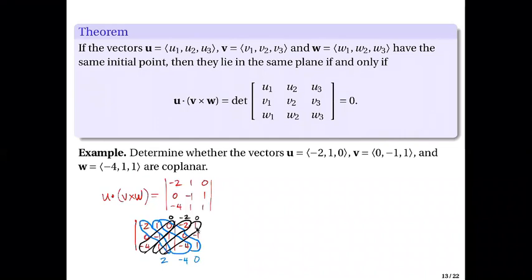So this determinant is 2 minus 4 minus negative 2. Indeed, 2 minus 4 is negative 2, minus negative 2, that's equal to 0. Therefore, u, v, and w are coplanar.